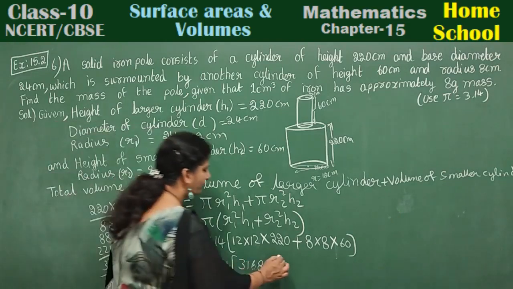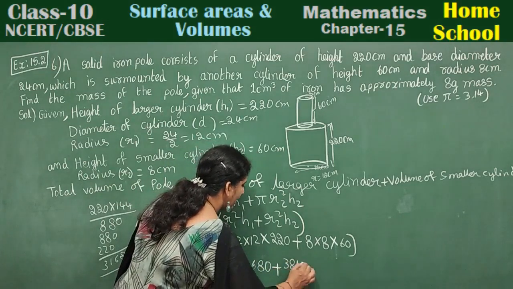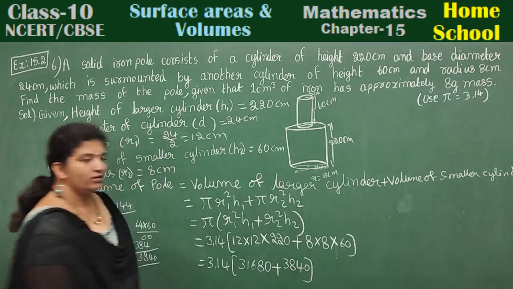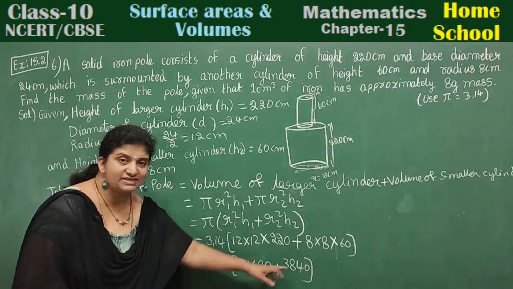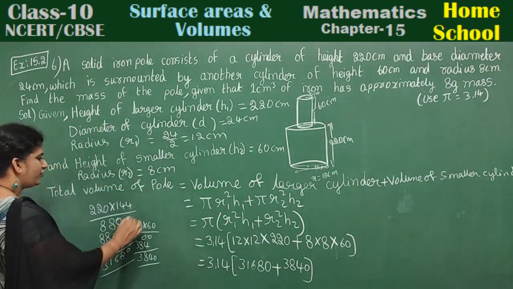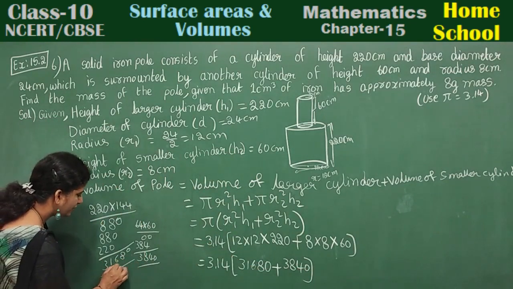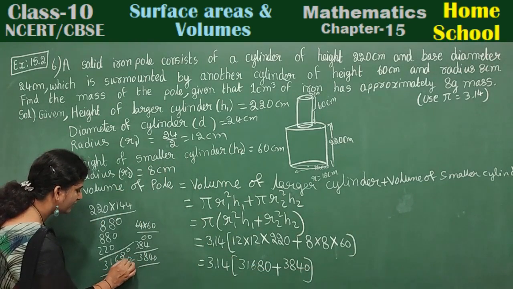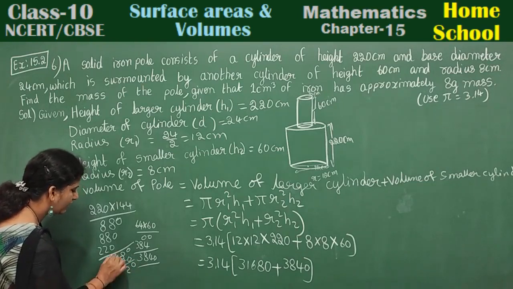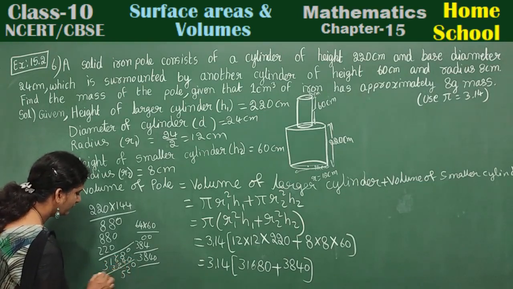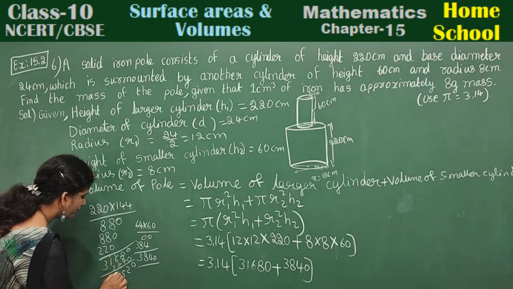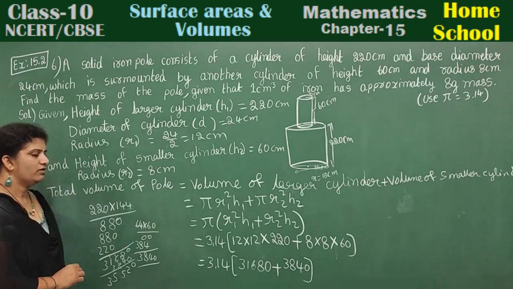That will be 3,840. Right? Now add these two. 31680 plus 3,840. Add here. 0, 8 plus 4 will be 12, and so on.